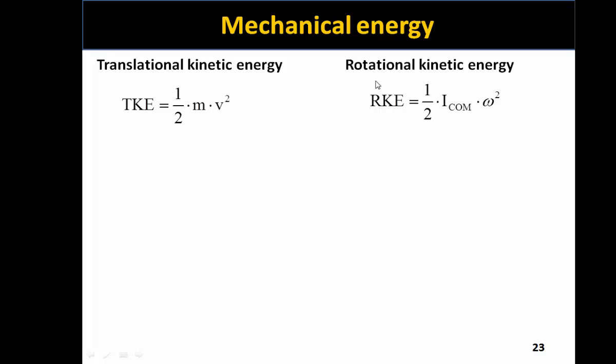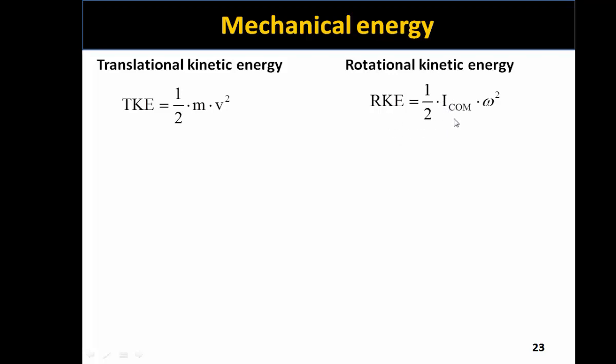Likewise, the object that is rotating will also have an energy related to its motion, and that's going to be equal to 1/2 times the angular counterparts that we observed in the linear or the translational sense. So recall that mass represents the inertia term an object has in the linear case, but in the rotational case, the rotational inertia is defined by uppercase I, which is the moment of inertia.